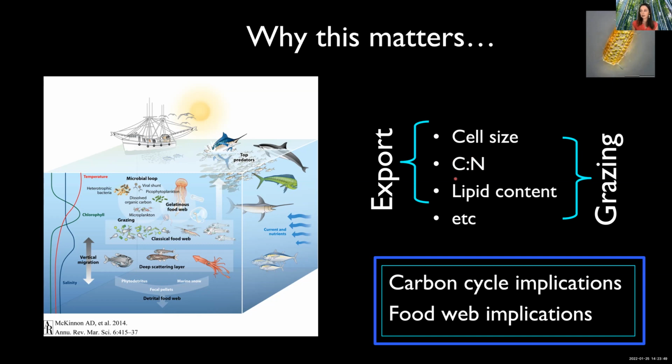But if we think about other things such as carbon and nitrogen ratios, that impacts biogeochemical cycling and export, but it also impacts grazing and higher trophic levels. If we change lipid content, that impacts energy transfer across the food web. So if we want to get our whole marine ecosystem predictions correct and understand the sensitivity of the system, we need to think about how these traits are adapting as we move forward.